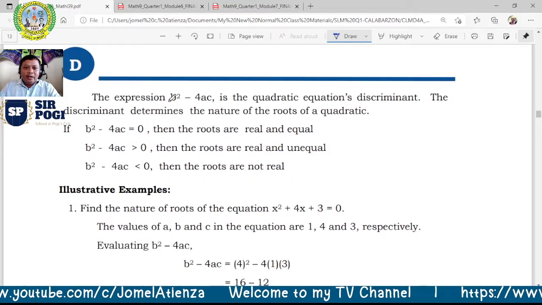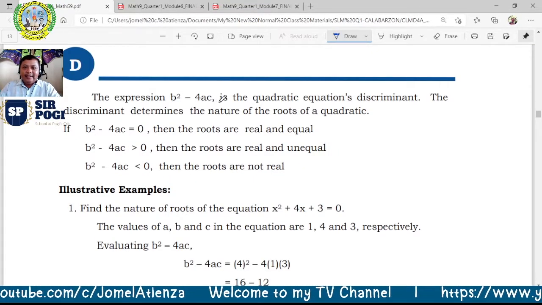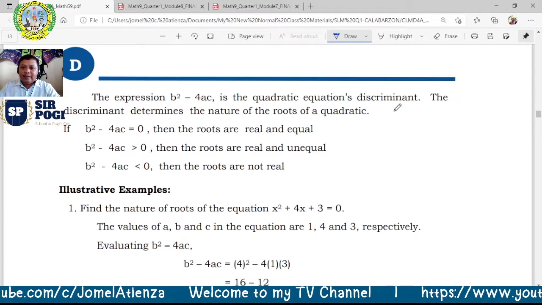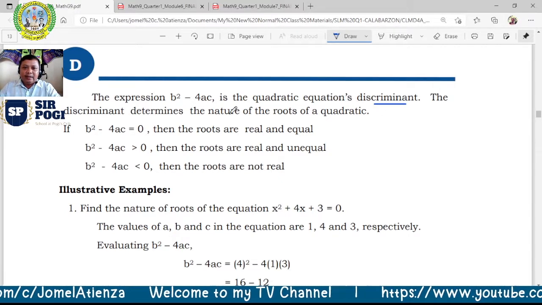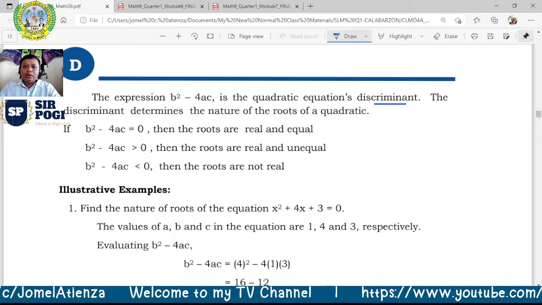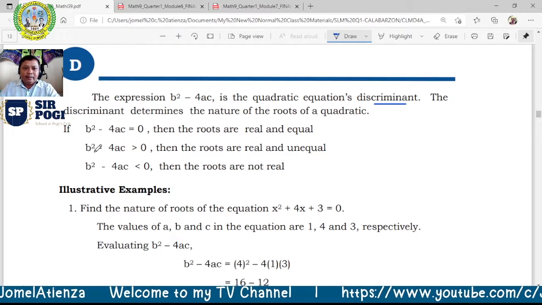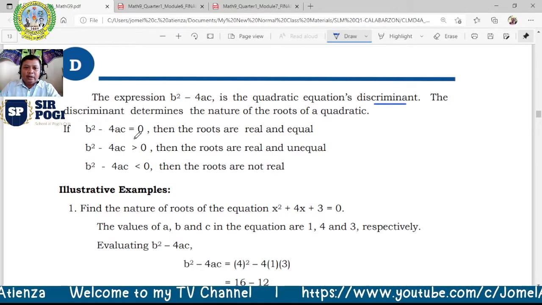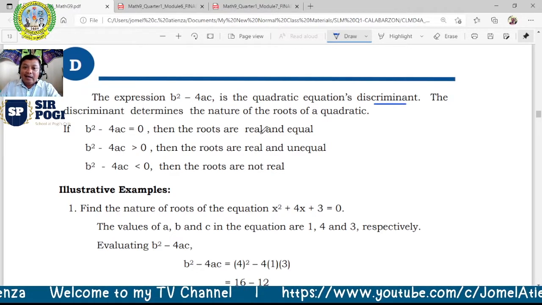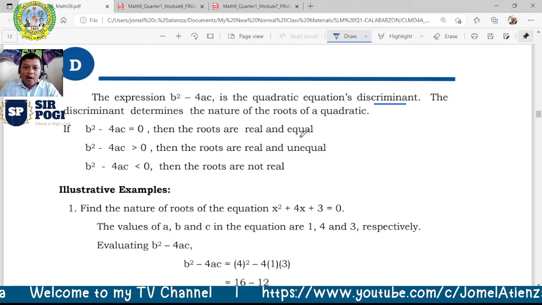So the expression b squared minus 4ac is the quadratic equation's discriminant, wherein the discriminant determines the nature of the roots of a quadratic equation. If b squared minus 4ac is equal to 0, then the roots are real and equal.